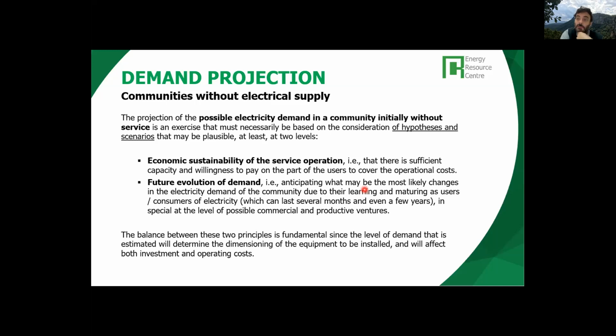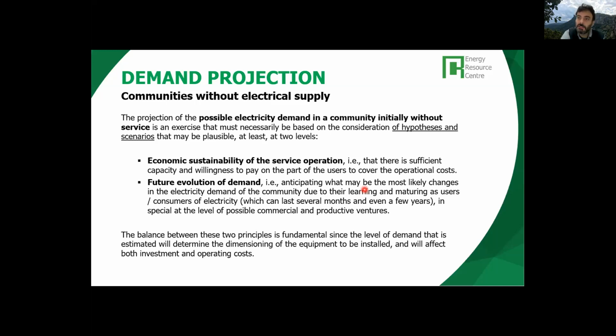Also, what could be the present demand and what could be the future evolution of the demand. Typically in rural villages, when light becomes available, thanks to a mini grid or solar system, hydro, there will be changes. Not perhaps on the first day, but after some months or years, some commercial activities will flourish, and more people will go and live in that community because there is electricity.